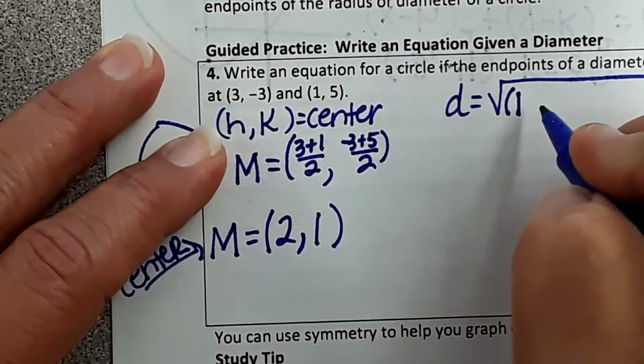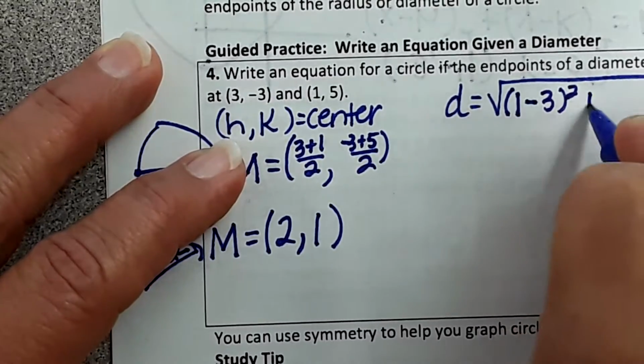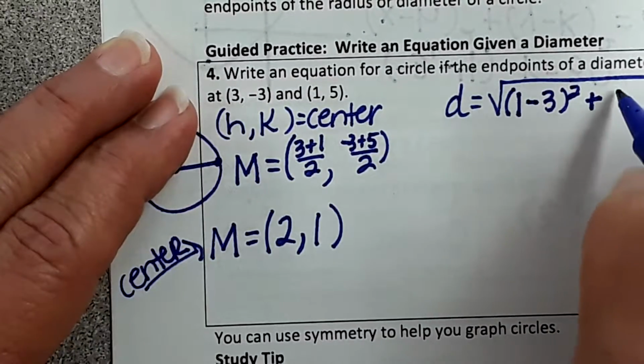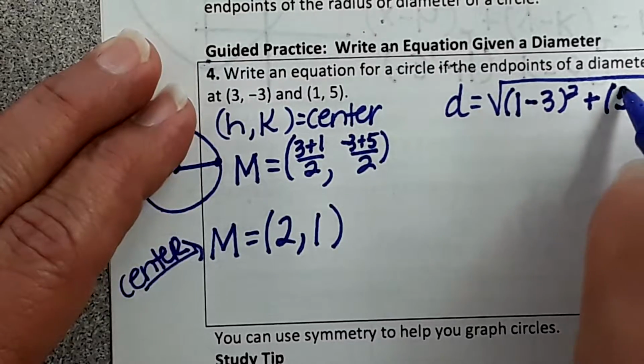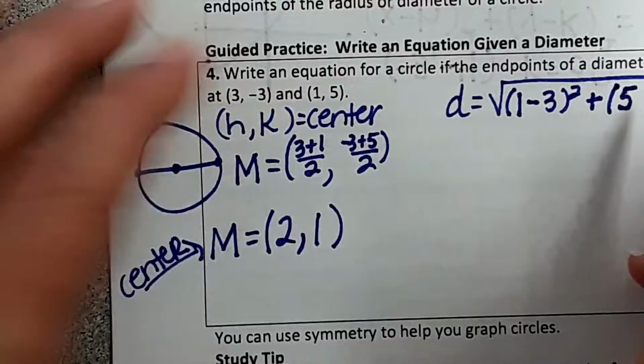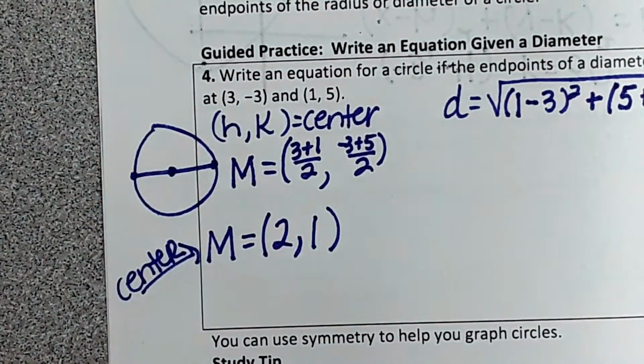What's x1? 3. Plus, what is y2? 5. What is y1? It's minus a negative, so it's going to be a plus 3. Again, why are we finding the distance? Because we need the distance of that diameter so we can take half of it to find the radius.